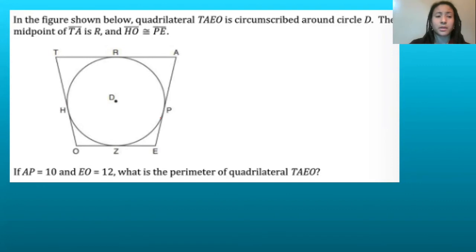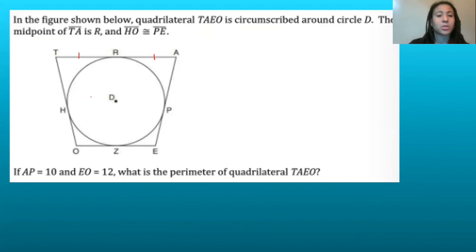There's a few things here. It says the midpoint of TA is R. What does that mean to us right now? TR is going to be congruent to AR, because midpoint means to split something into two equal parts.